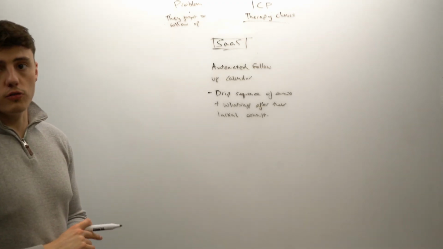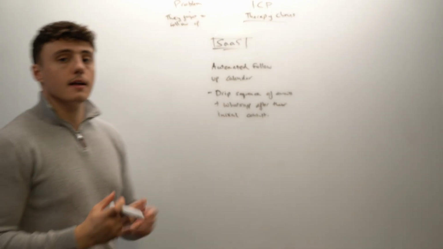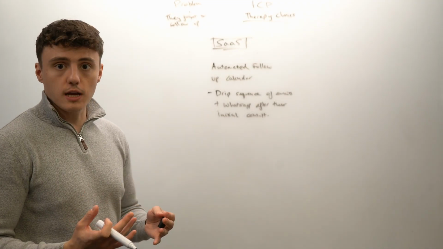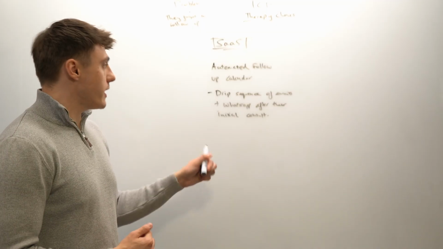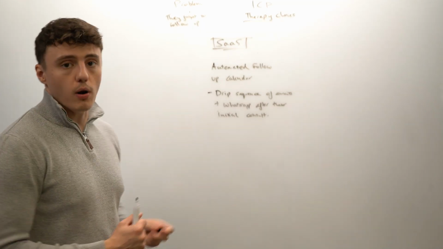How much money do you think that's costing you? We've built a calendar system that does that for you automatically after they've booked and after they've attended the booked consultation. So you don't have to worry about doing it. It's all handled for you automatically. Very, very clear value proposition to a very clear type of person who has our problem.